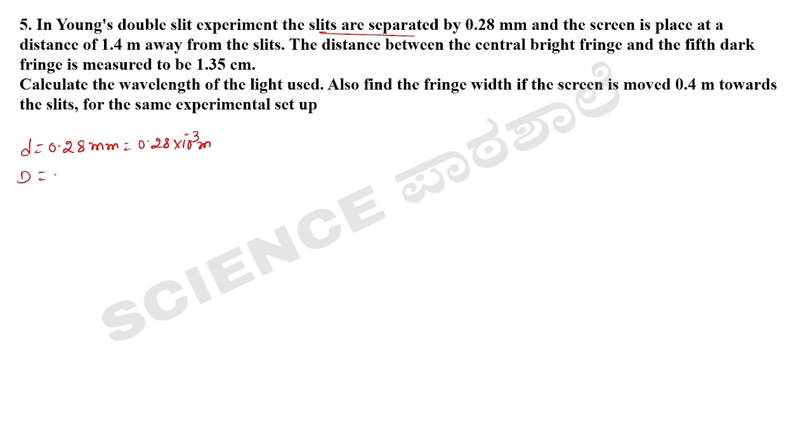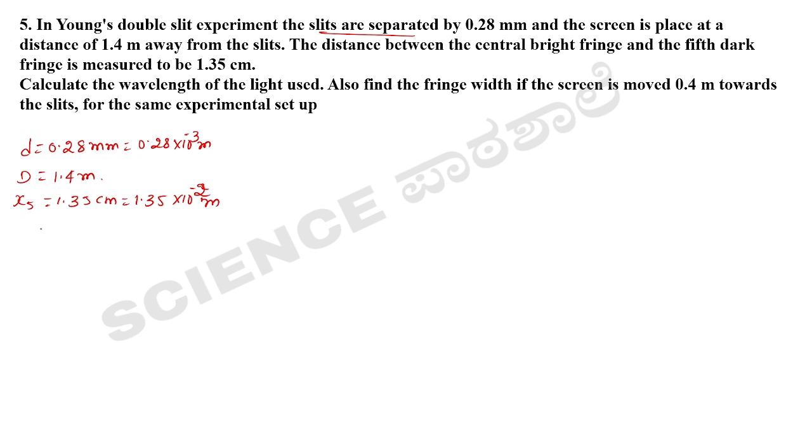Distance between screen and slit is 1.4 meter away from the slits. The distance between the central bright fringe and the fifth dark fringe is measured to be 1.35 centimeter. What is given? x5 is given. How much? 1.35 centimeter, 1.35 into 10 raised to minus 2 meter.